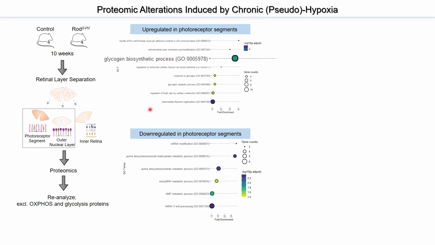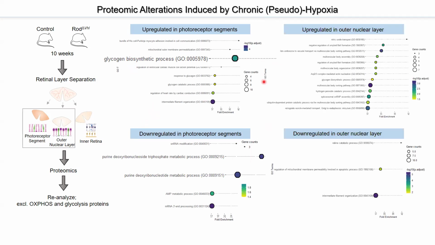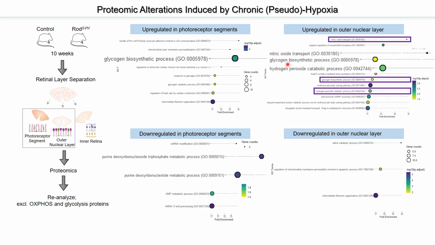We saw a downregulation in purine metabolism in the photoreceptor segments. Furthermore, in the outer nuclear layer, we saw an increase of the nitric oxide transport and hydrogen processes, and an increase in glycogen. And in the outer nuclear layer, we didn't really see many proteins that were downregulated.